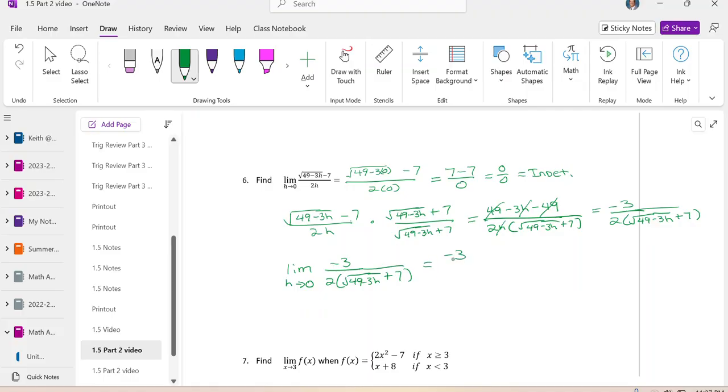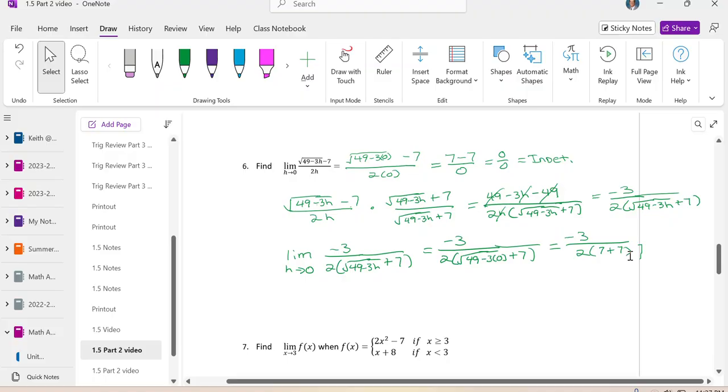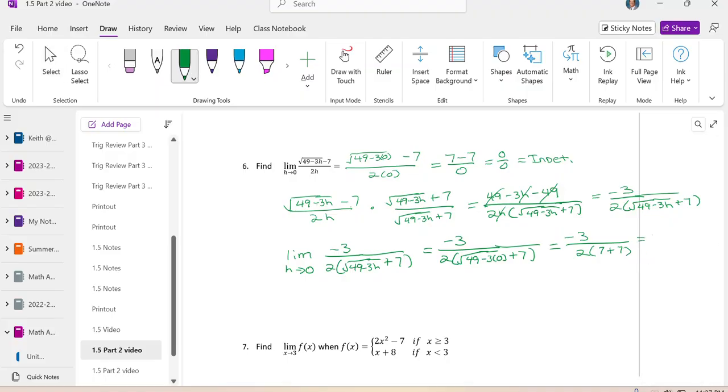So it's negative 3, and then 2 times 14, which is 28.